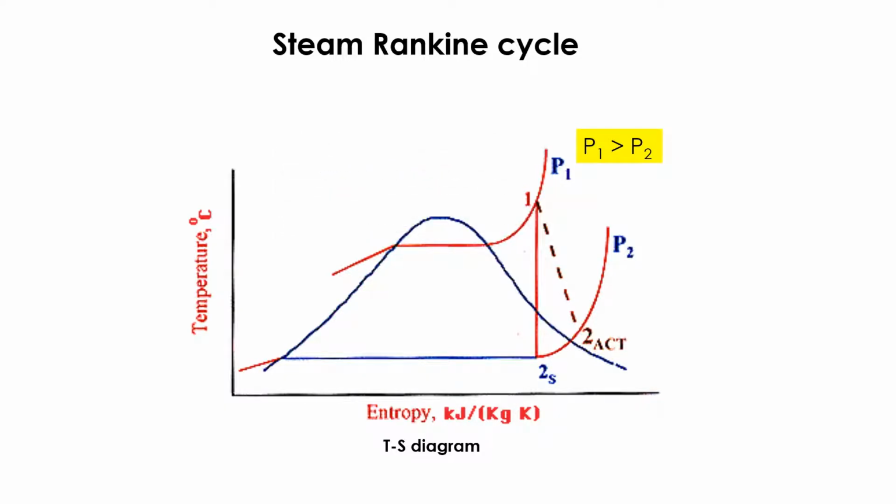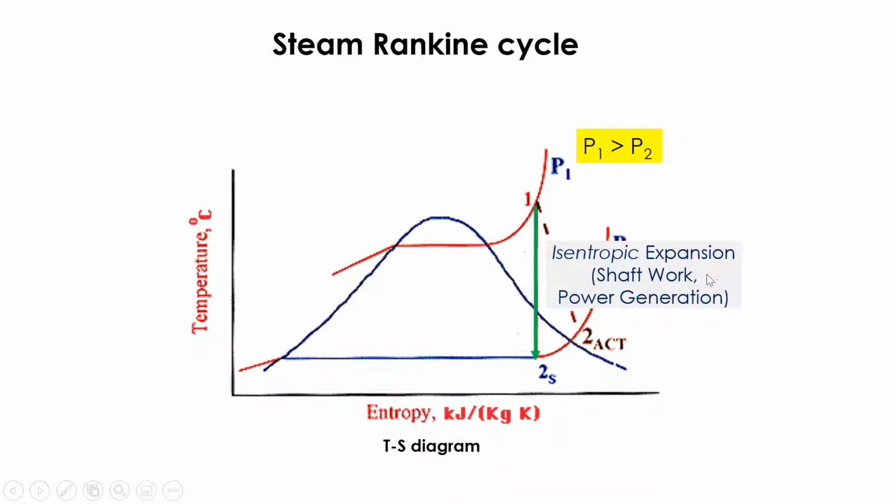In the next step, which actually happens in the turbine, isentropic expansion occurs due to the shaft work. Basically, the pressure of the steam is used to rotate the shaft of the turbine to generate power. Because of that work, pressure goes down from P1 to P2, resulting in lower pressure steam.